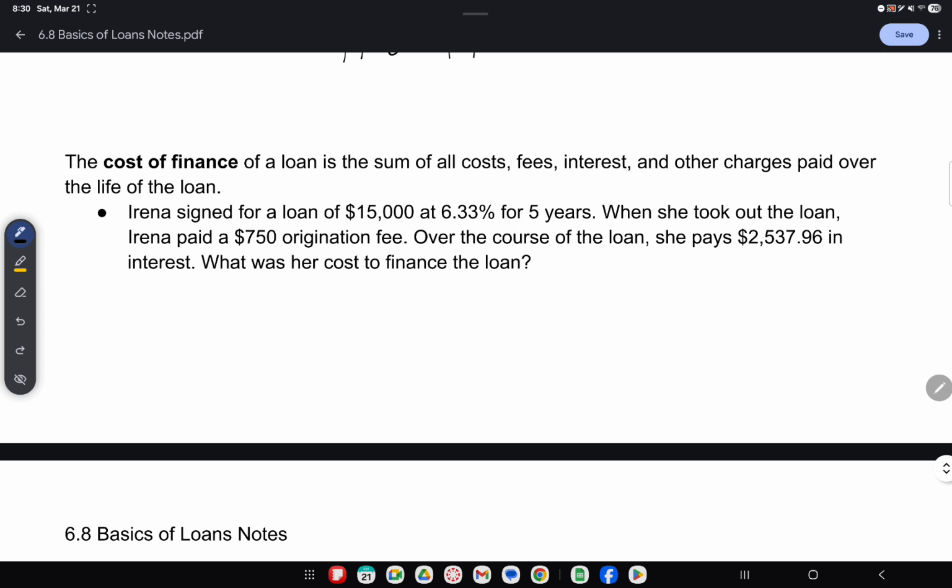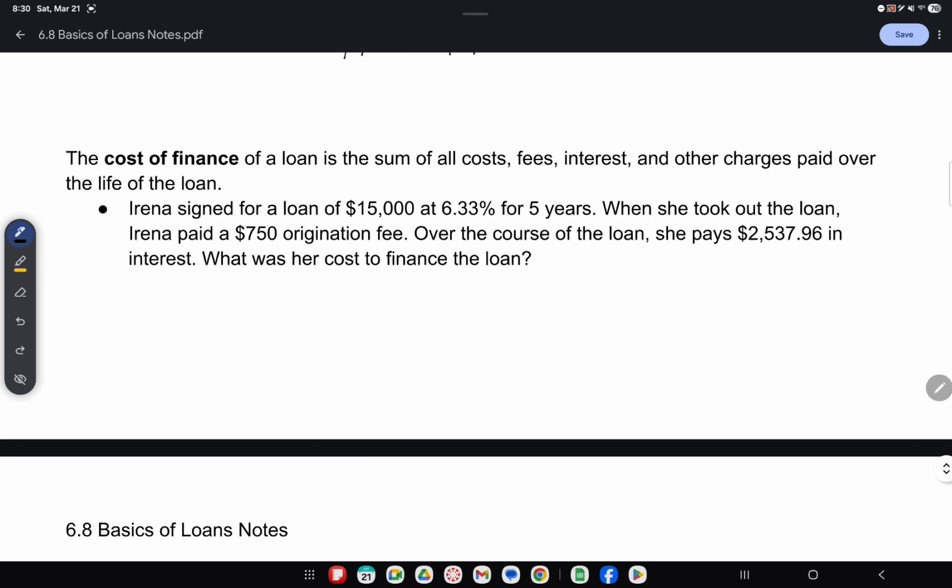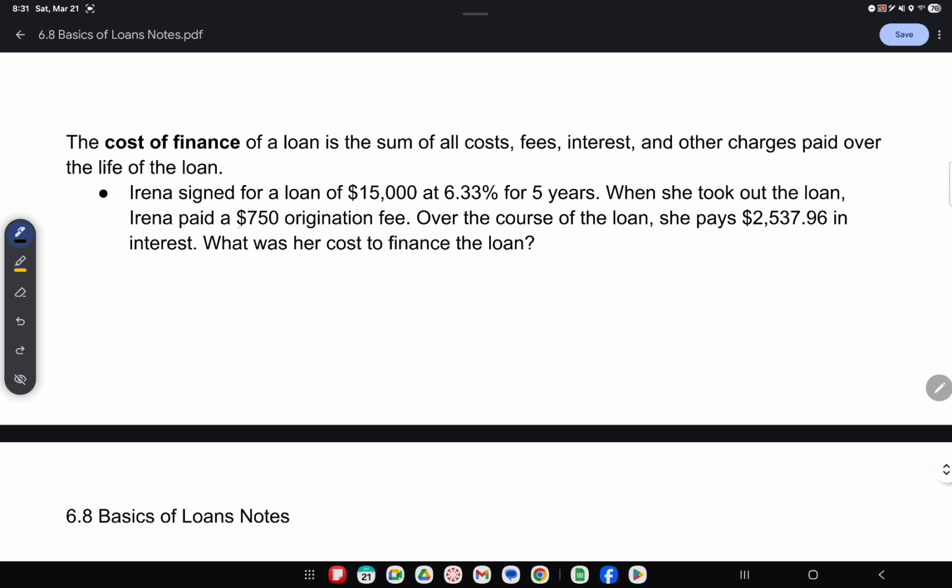All right, so it did a bunch of calculations for us already. So she had the 15,000. I guess how much it cost her to do it, or additional, I should say, because we know we're spending the 15,000.